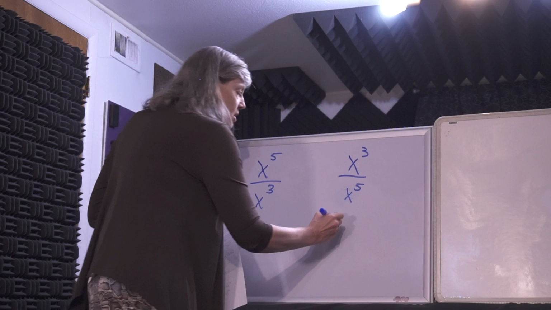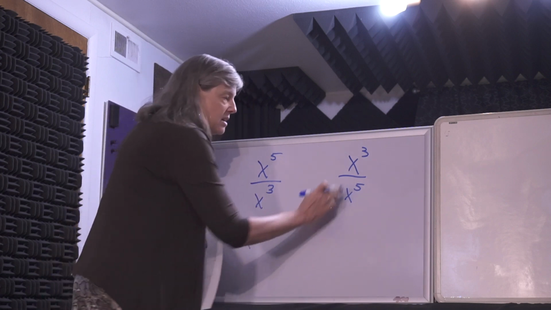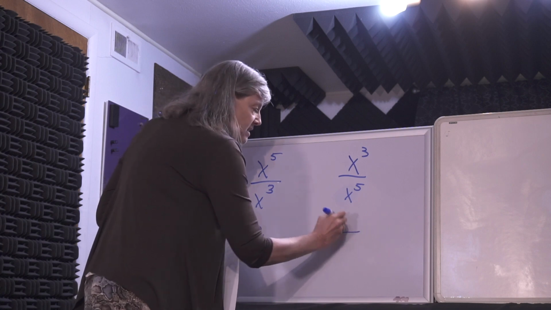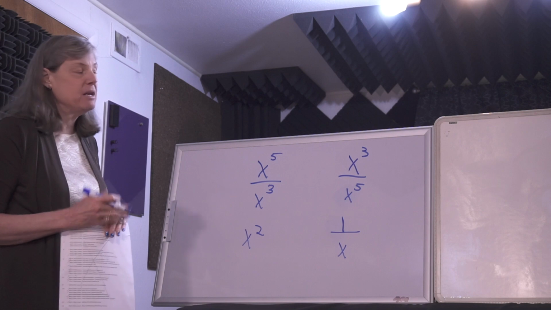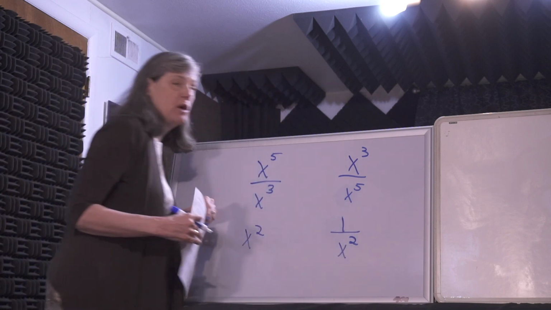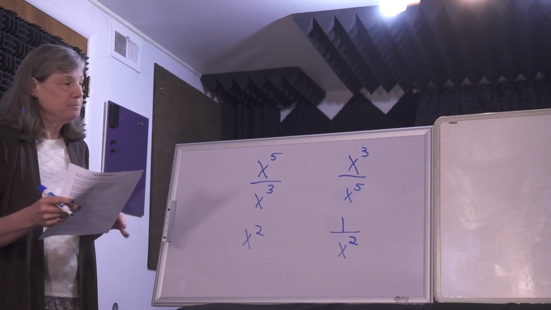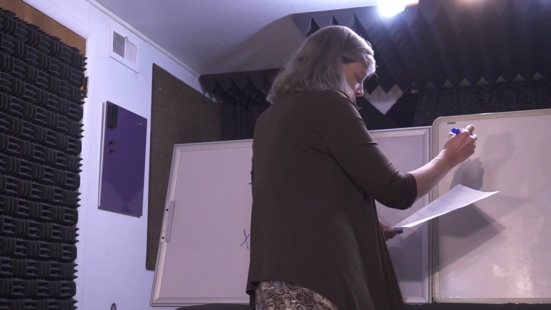I'm dividing, so I leave x, but because the bigger number is in the denominator, that's where my x is going to have to end up being, but I still just subtract the numbers. 5 minus 3 is 2. That's the quotient rule.